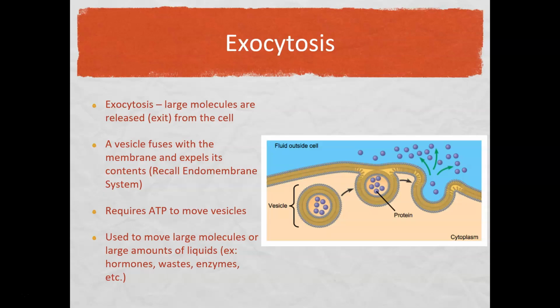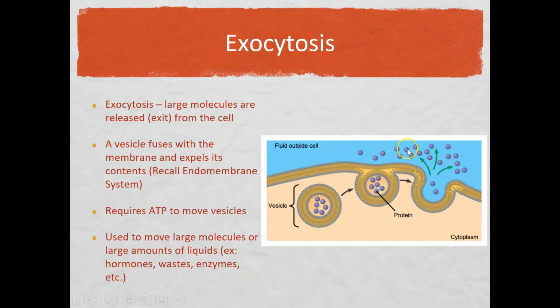That vesicle goes to the Golgi, where the Golgi decides what to do with it, finish the protein, pack it up into another vesicle, and if it decides it needs to be exported or secreted or excreted, depending on what term you come across, then that vesicle, here's the vesicle from the Golgi body, will come to your cell membrane, merge with that cell membrane, and then spew those contents out.